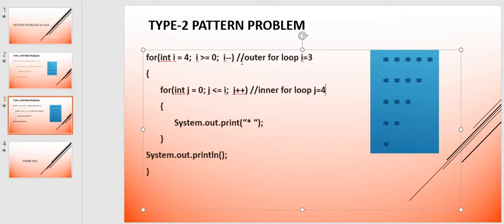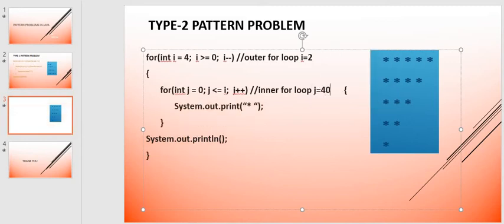Here i value will get decremented to 2. i equal to 2. 2 greater than or equal to 0. Condition true. It will come here, inner for loop. Here j value will get reset to 0. Okay. So j equal to 0, 0 less than or equal to 2. Condition is true. So it will print 1 star.